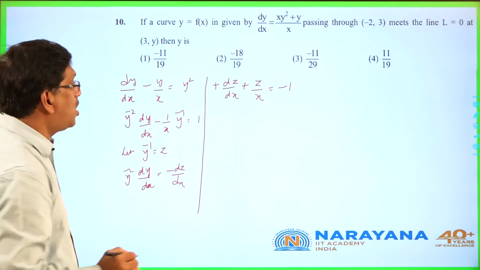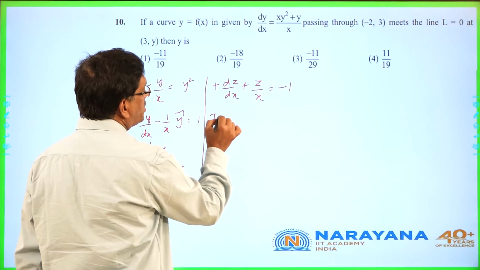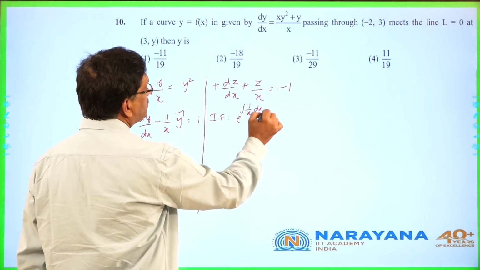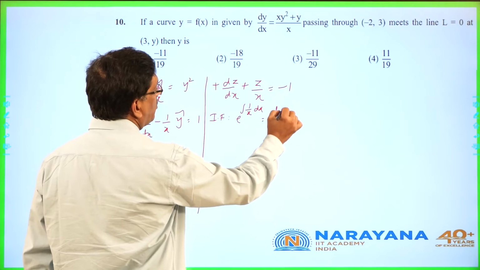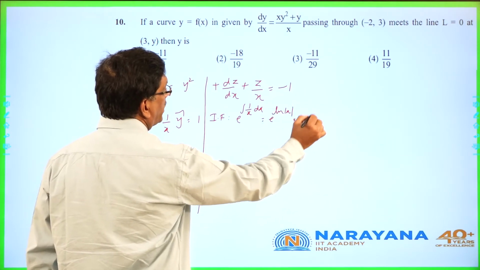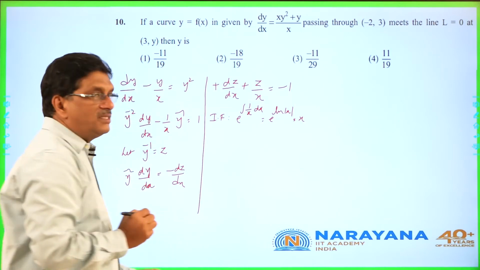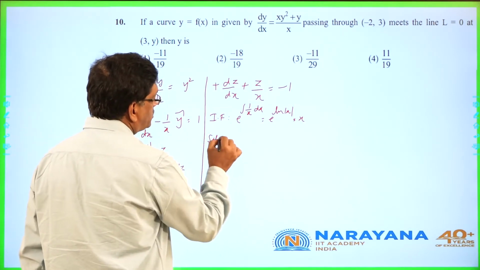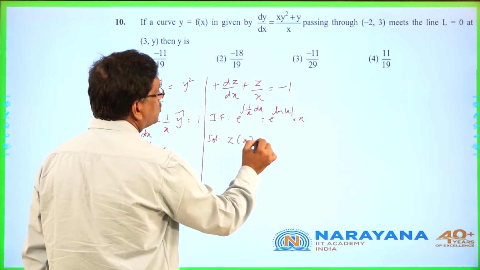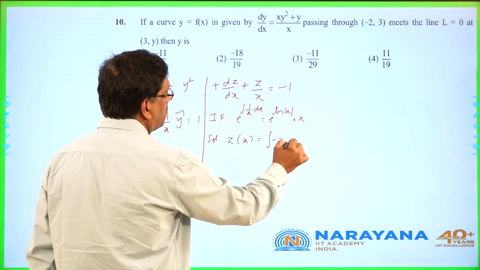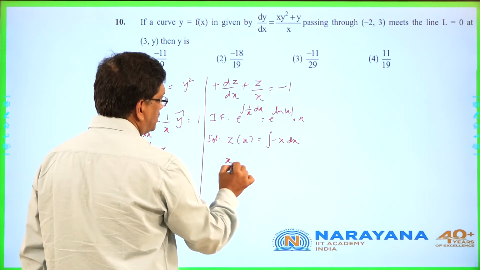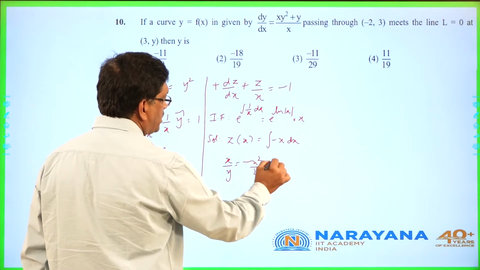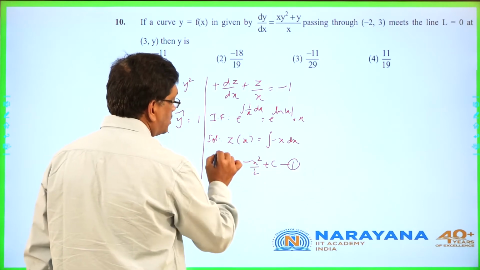Okay, so now it is a linear differential equation, with integrating factor e to the power of integral 1 by x dx, e to the power of log mod x, that is x. So now the solution. What is the solution? z into x is equal to integral of minus x dx. That is x by y is equal to minus x square by 2 plus c.